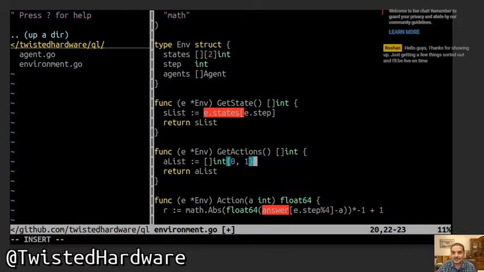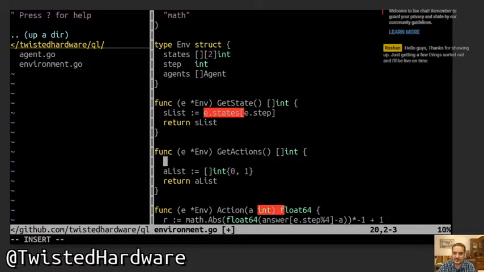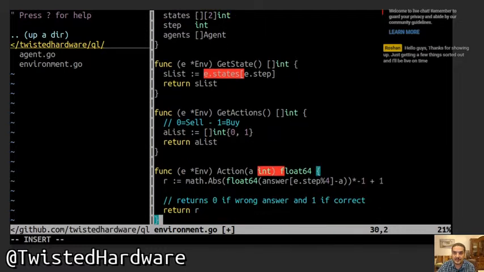So get actions is still 0 or 1. It will either be 0 for sell, so 0 means sell, and 1 is buy. So let me change this. Okay, so these are the two possible actions that we'll have.